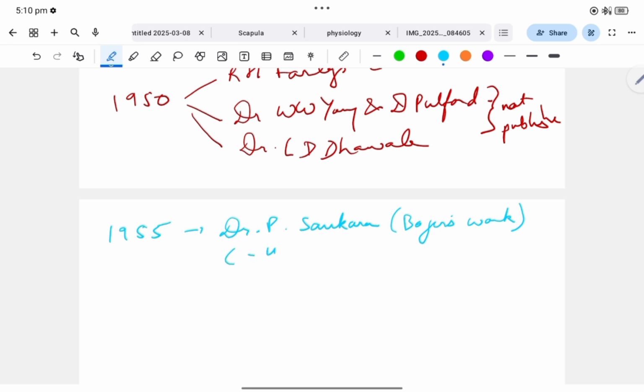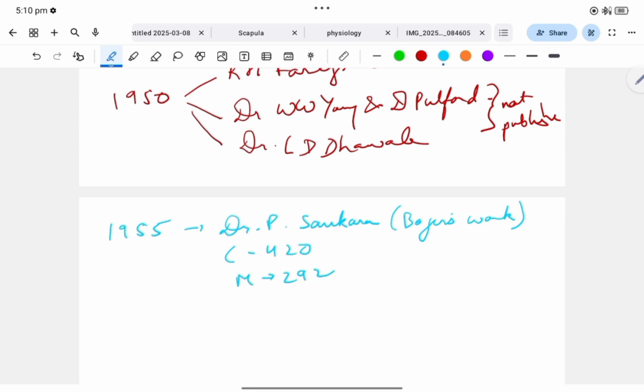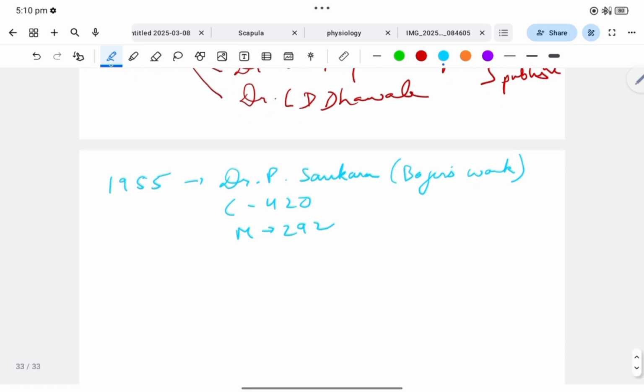Total number of cards 420, medicines 292. It was the first card repertory where nosodes and ball nosodes were well defined.